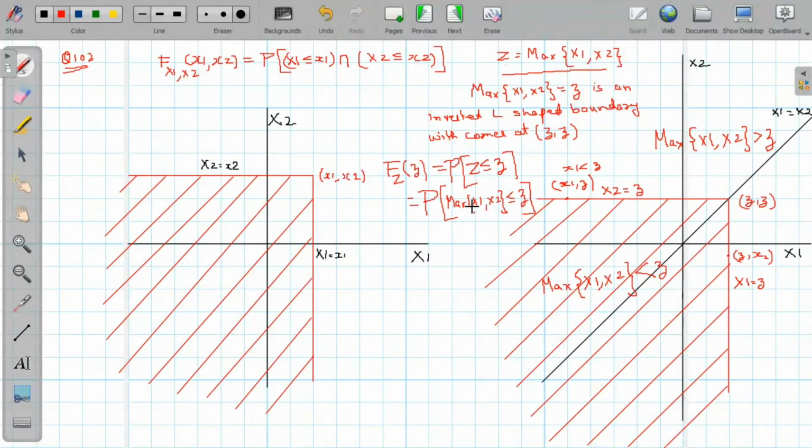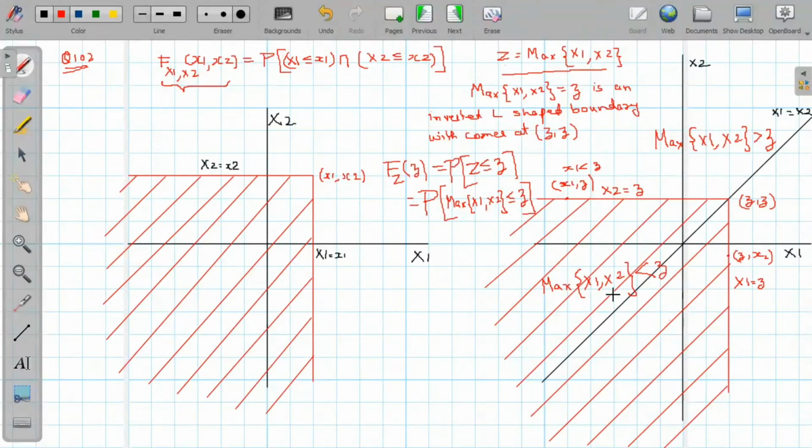So this probability is nothing but the probability that x1 and x2 are jointly distributed in this region that includes the less than z and equal to z region. Also, from the definition of joint distribution of x1 and x2, it is the probability that x1 and x2 lie jointly in this region, which includes this red line region as well as this boundary.